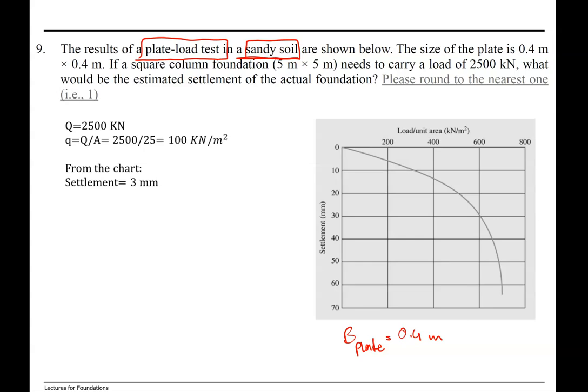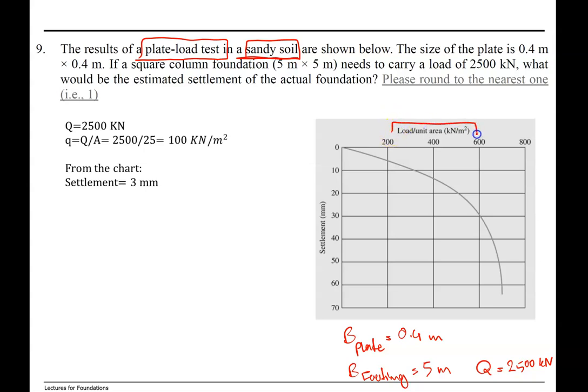And we have a square column foundation, so width of footing is 5 meters. The column needs to carry a load of 2500 kilonewton. What would be the estimated settlement of the actual footing?